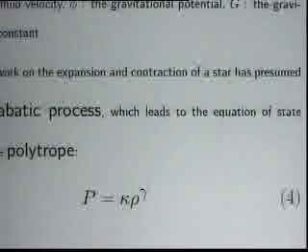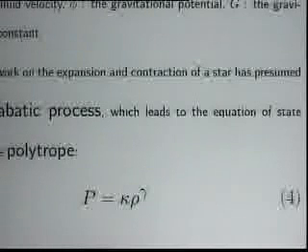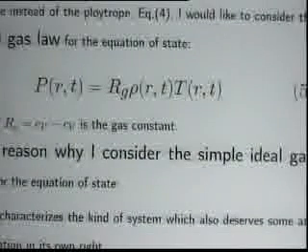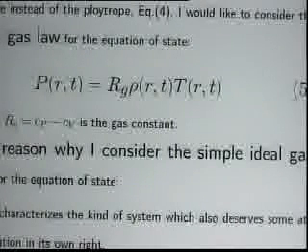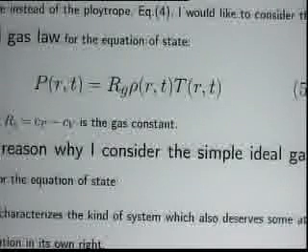Most work on the expansion and the contraction of a star has presumed the adiabatic process, which leads to an equation of state called the polytrope. This is the equation for the polytrope. Here, instead of the polytrope, I would like to consider the ideal gas law for the equation of state.